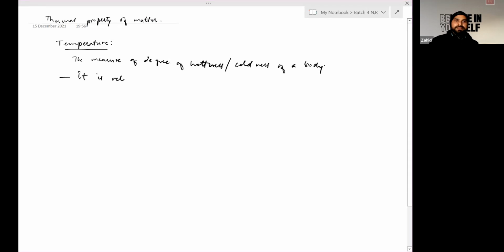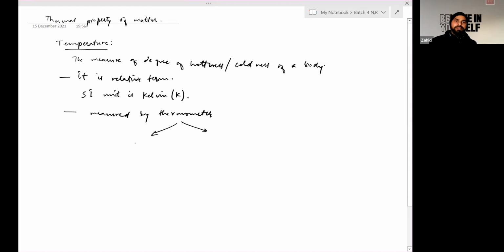It is a relative term which is defined with some other reference as well. Now its SI unit is Kelvin, and it is measured by an instrument called a thermometer. Now, there are two different types of thermometer depending upon their range.